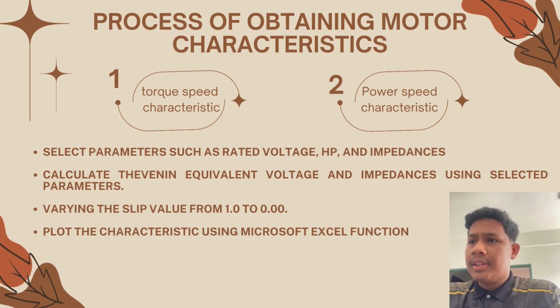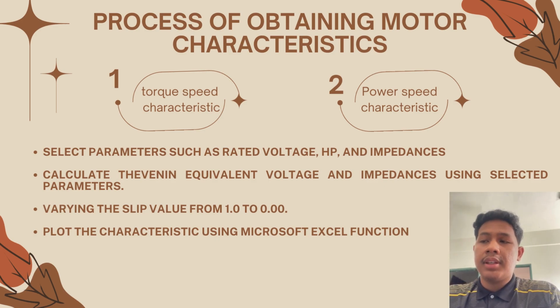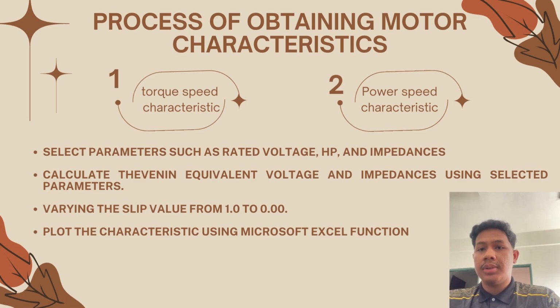These values are determined by using mathematical equations such as speed, voltage, and also current. Secondly, we need to calculate the Thevenin equivalent voltage and impedance using the selected parameters. From the selected parameters previously, we calculate the Thevenin equivalent voltage.